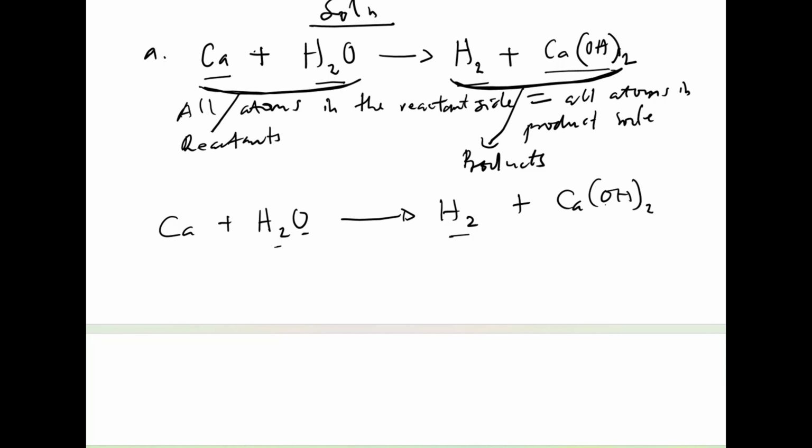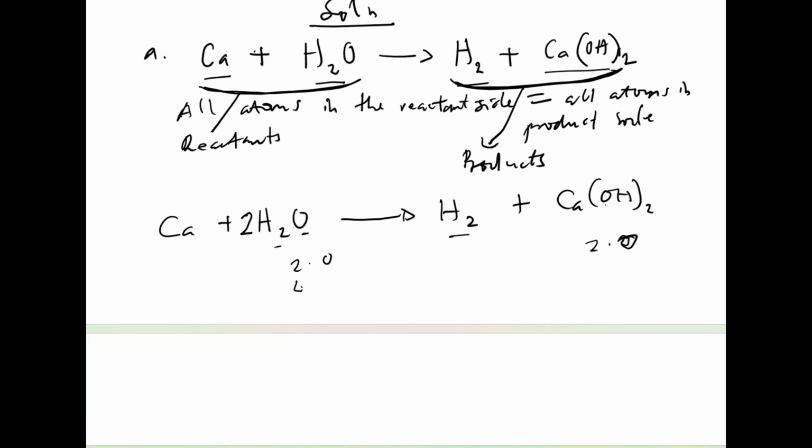Now, our oxygen here is 1. In water, we have 1 atom of oxygen, but in calcium hydroxide, we have 2 atoms of oxygen. Let's put 2 here and see what will happen. If it is not right, we're going to cancel it out. Now putting 2 here automatically means we have two atoms of oxygen here, and here we have two atoms of oxygen as well.